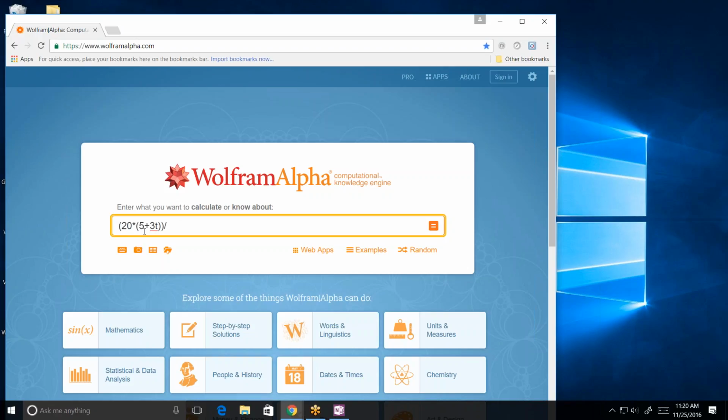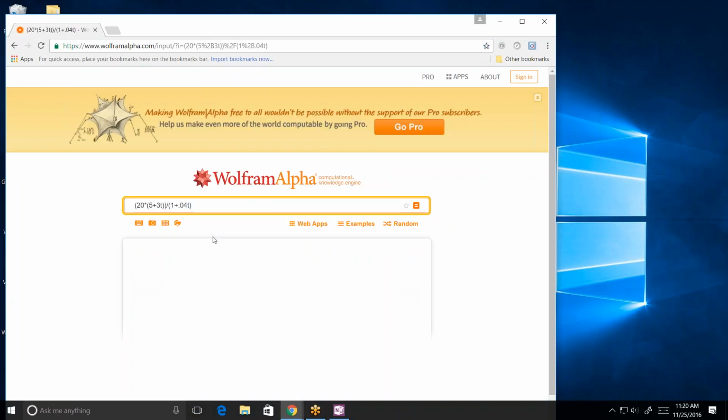No, the t. 1 plus 0.04 times t. Okay. Now, notice how complicated that was to type in. Yeah. Now, if I hit enter, it's going to tell me what I typed in, which is a wonderful feature.